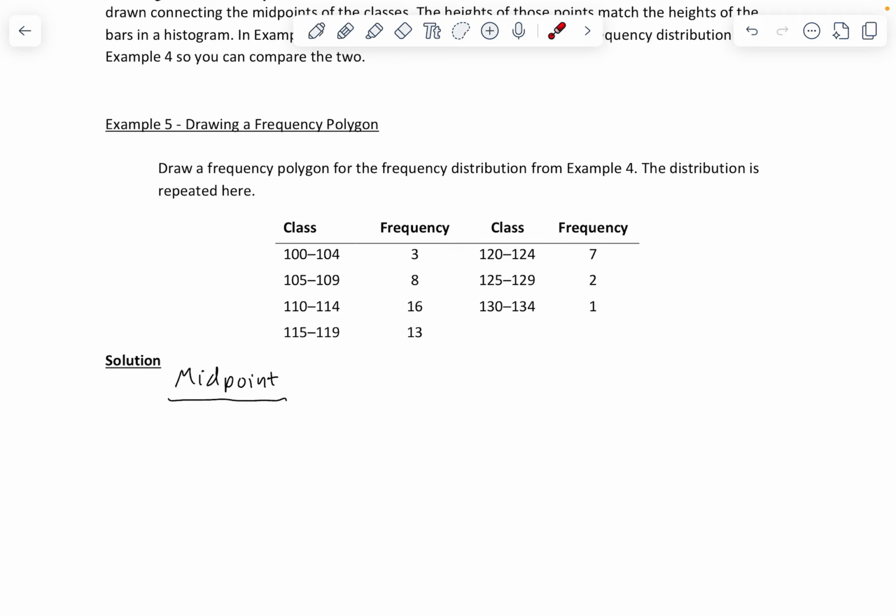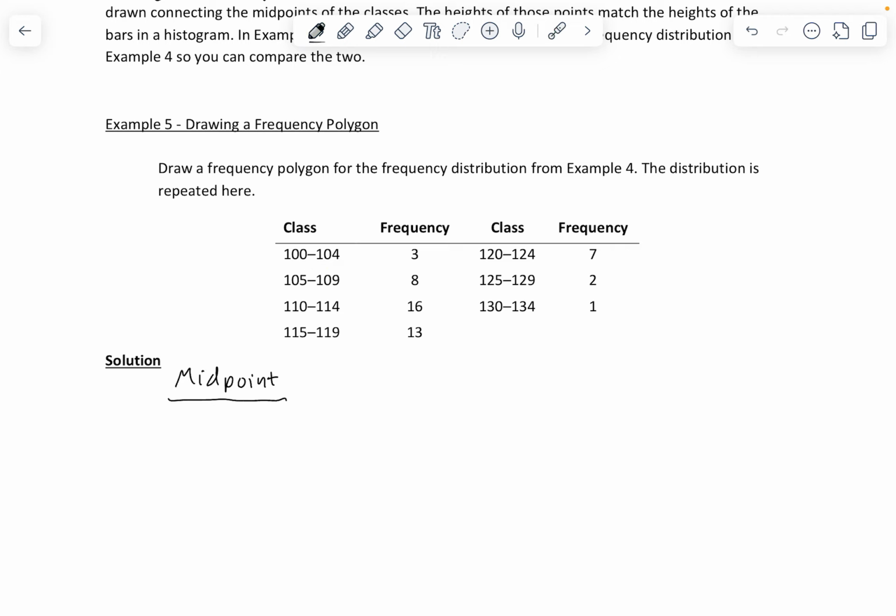Ideally, I might put another column on my frequency distribution, but the way this is formatted makes that hard because they have the columns kind of broken up. So I'll just write it down here, okay? So for the first class, you would just take the lower and upper class limits, add them together, and divide by 2.